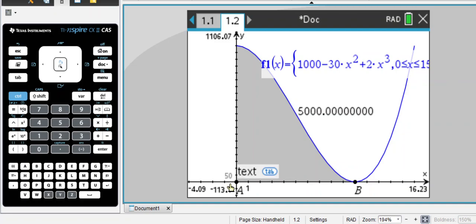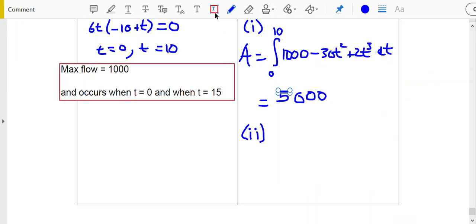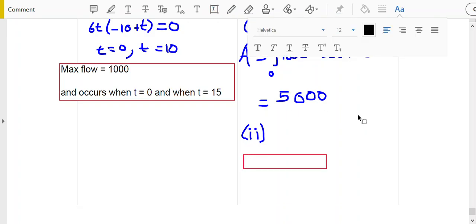Because between 0 and 10 is 10 hours, 5,000 million litres of water have flowed from the reservoir in the first 10 hours. That's the meaning of this area.